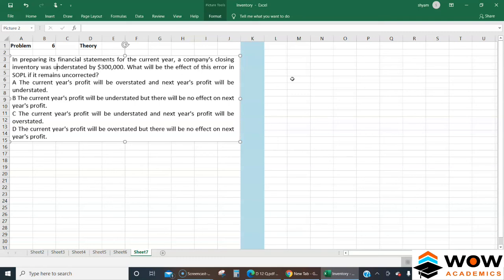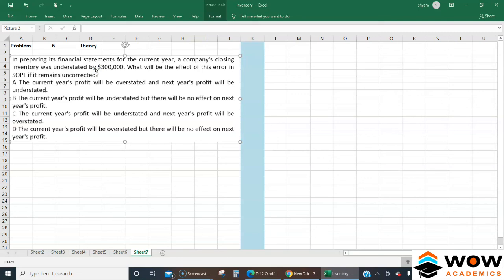So let's see what happens in the concept here. See, sales. Closing stock is something similar to sales, right? That's how it is being treated in SOPL.